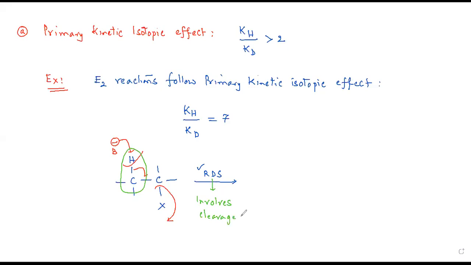It involves the cleavage of carbon hydrogen bond, in this case, if taken, carbon deuterium bond. This is where we say that the primary kinetic isotopic effect is observed. Of course, we get this. So in E2 reactions, primary kinetic isotopic effect is followed.